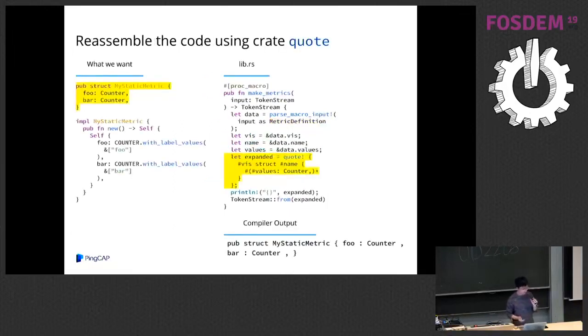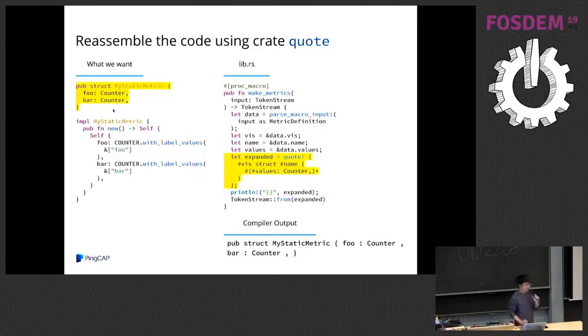So for the final step, now we already know what the user has supplied, and we want to reassemble the code, reassemble the token string into another token string. So here we can use a crate called quote. For example, I want to reassemble the code for the yellow part.